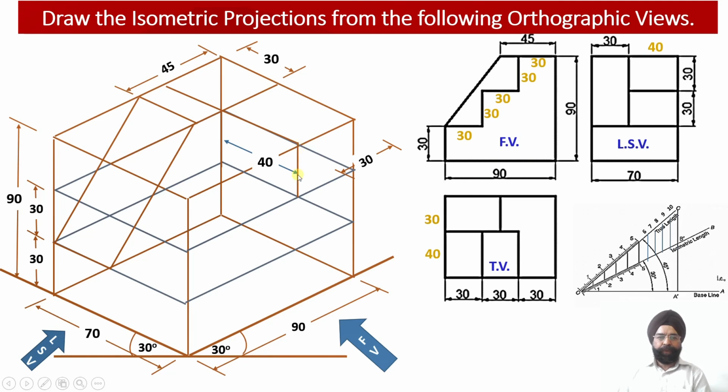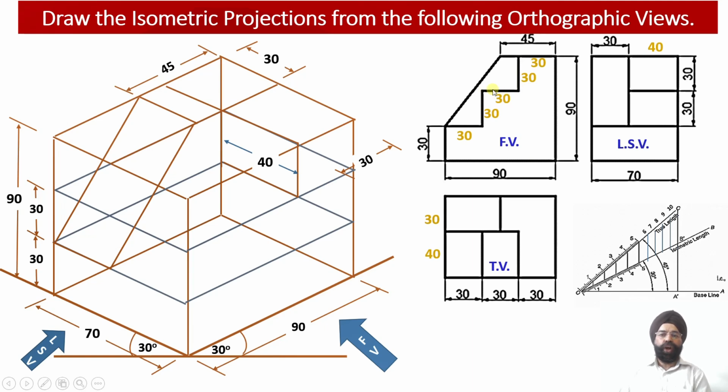So one vertical projector I have drawn over here, another vertical projector I have drawn over here. So I have obtained the 2 faces of this vertical web, and now this horizontal edge I need to evaluate. So I have drawn this horizontal edge over here.